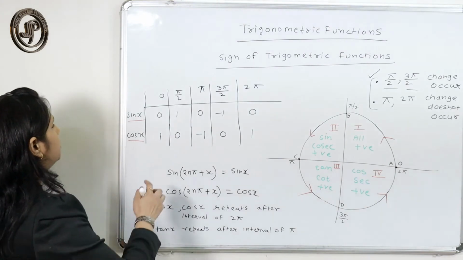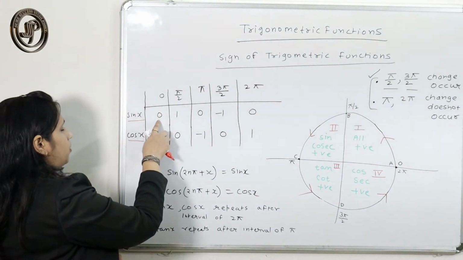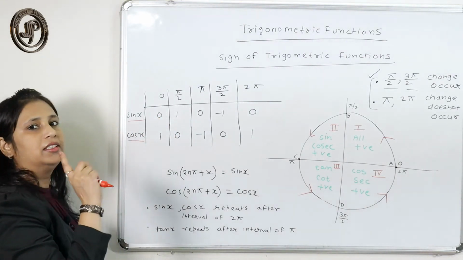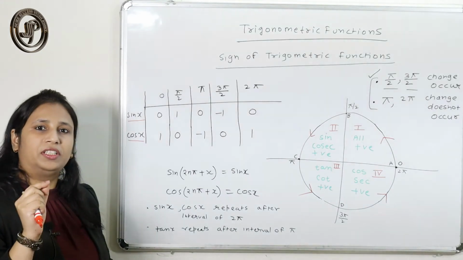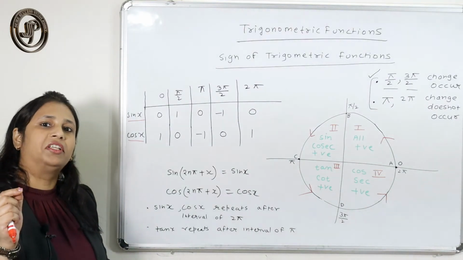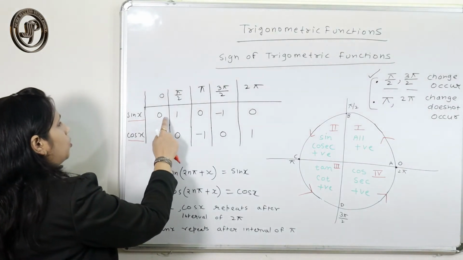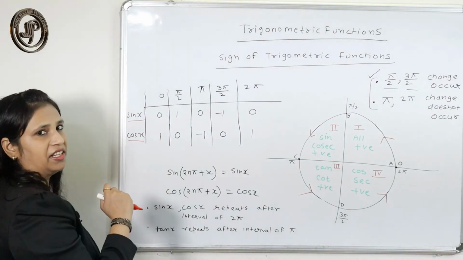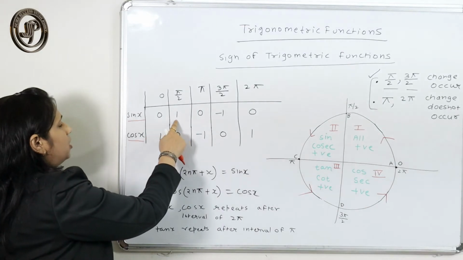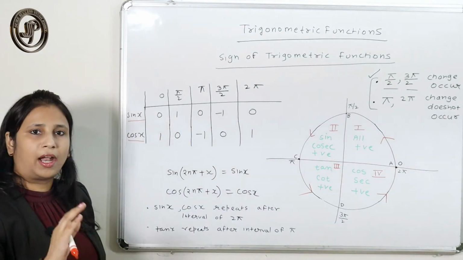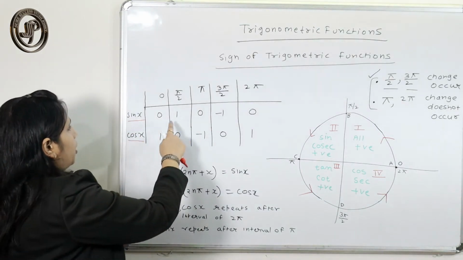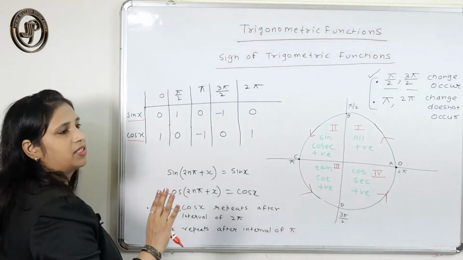You did in class 10 sine 0 degree, sine 30 degree, sine 45 degree, sine 60 degree and sine 90 degree. Here I have taken two values: sine 0 degree is 0, sine 90 degree is 1. That you did in 10th standard.